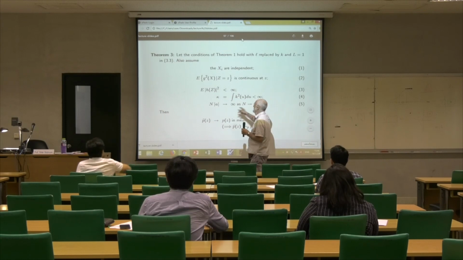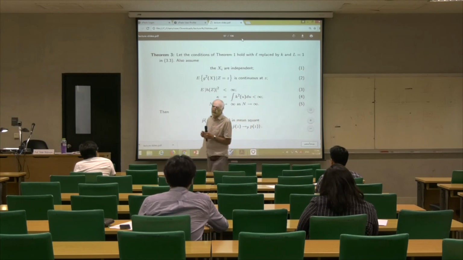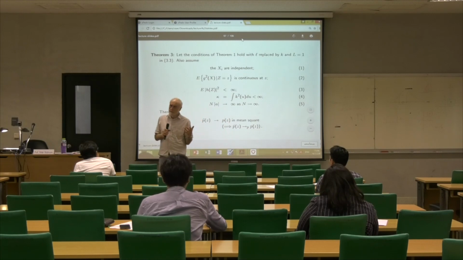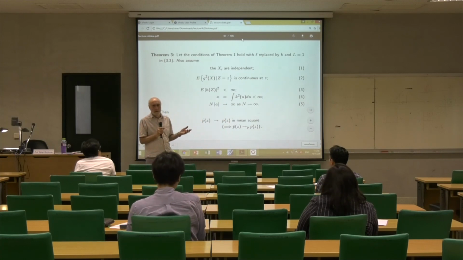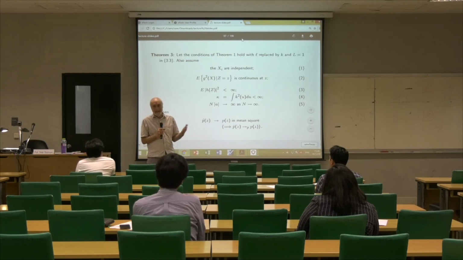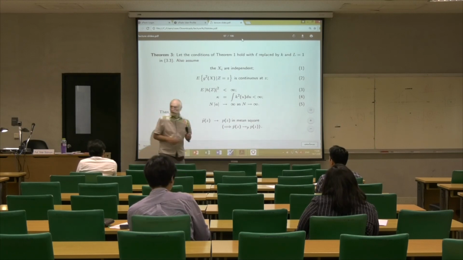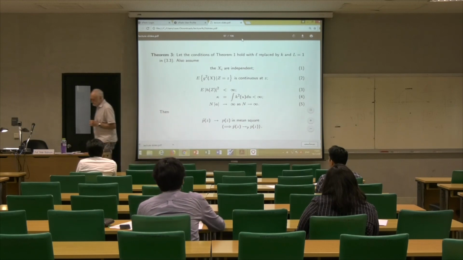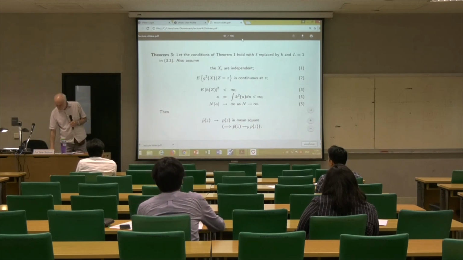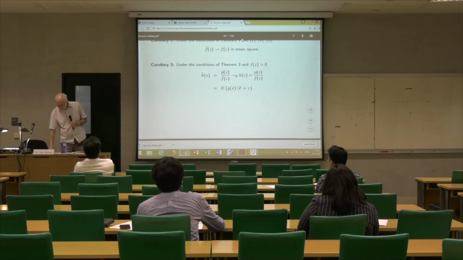And this is almost a minimal condition throughout the literature. Almost any property you're concerned with, apart from asymptotic unbiasedness, you're going to need something like this.